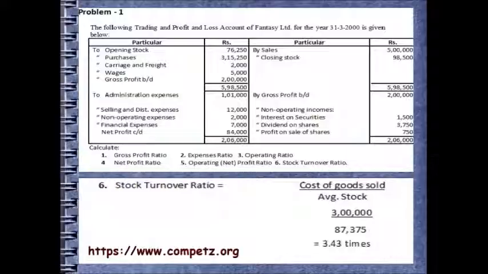So we get the answer as 3.43. 3.43 means inventory turnover ratio is 3.43. It measures the number of times, that is 3.43 times, inventory has been turned over, or in simple language, was converted to sales during a specified time period.